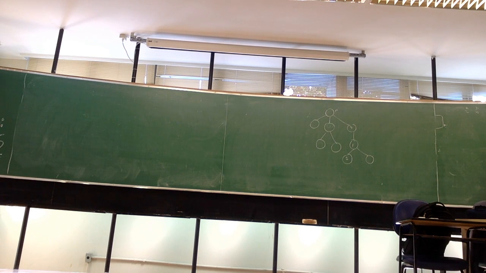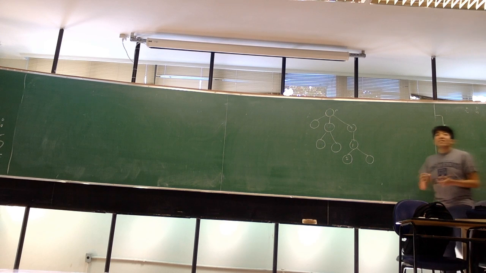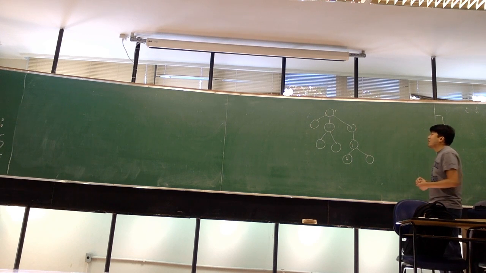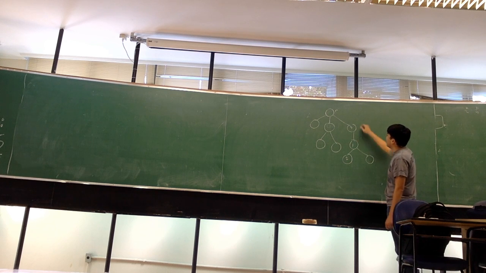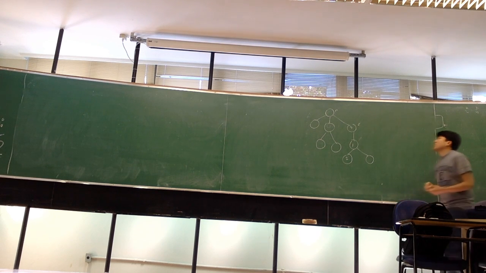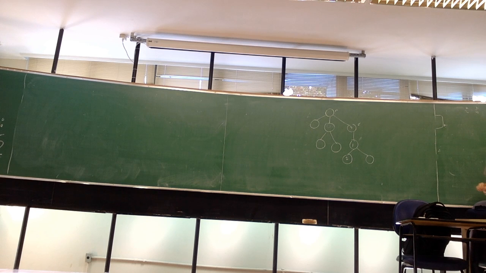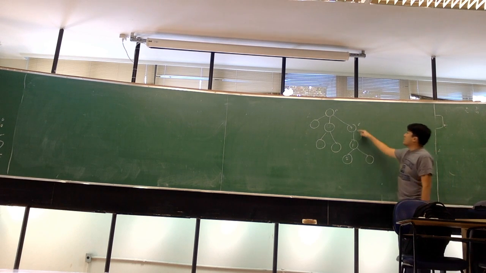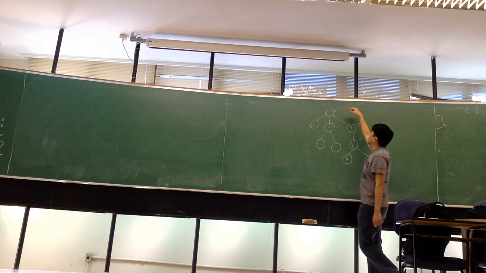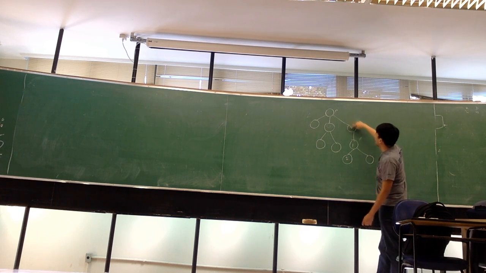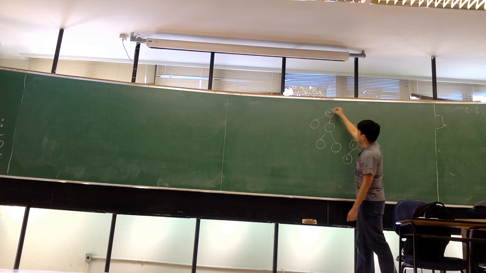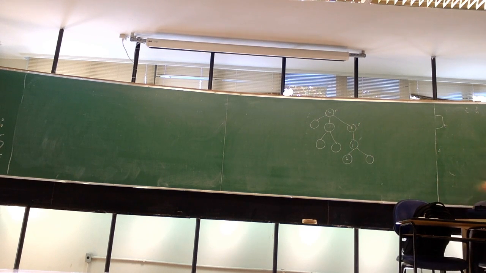This is a game between 2 players, and the only allowed operation is to pick a node, take some number of points from this node and add them to the parent of this node. For example, one move would be to move 2 points from this node to the parent.